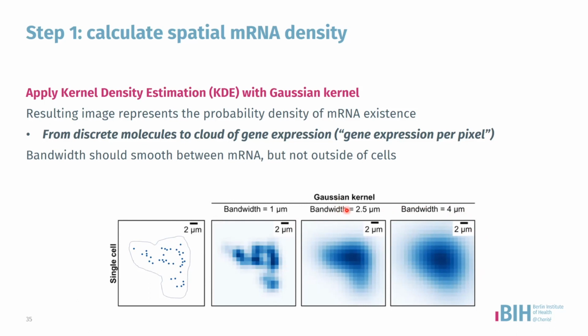Whereas if you find an optimal bandwidth, you can maintain the cell structure and also have a uniform distribution over the cell, where you could compute that the centroid of the cell is at the point of the highest spatial gene expression here.